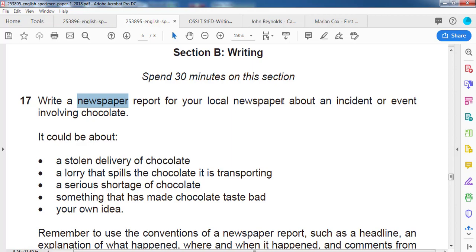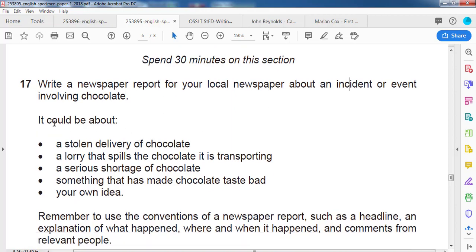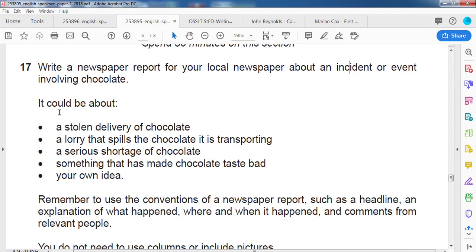Now you have to write a newspaper report for your local newspaper about an incident, an accident, something that happened, or an event involving chocolate. So the topic is again chocolate, but you have to write a newspaper report.